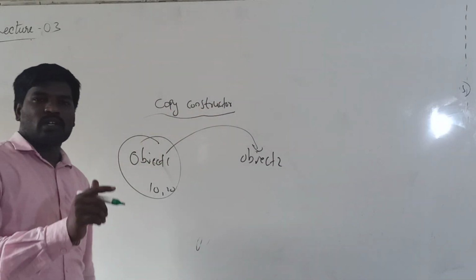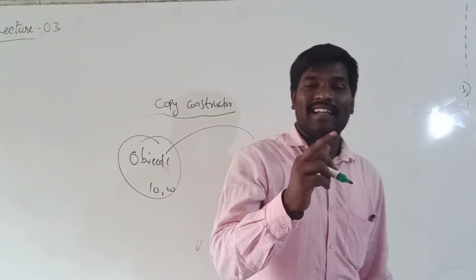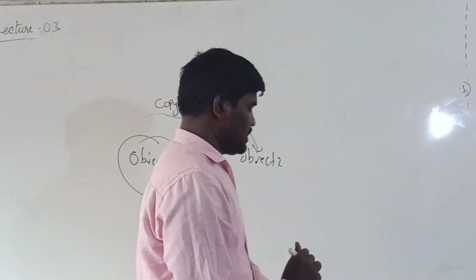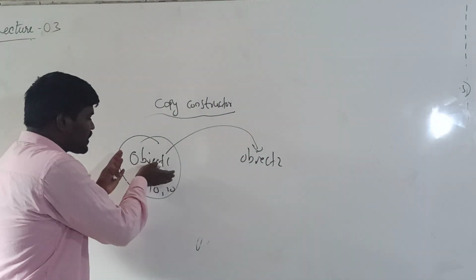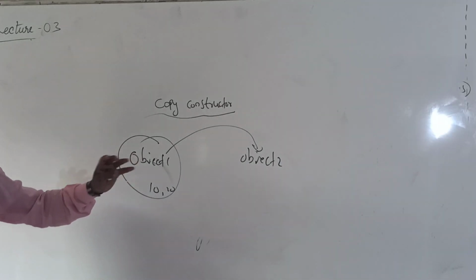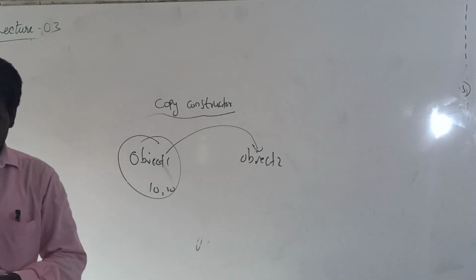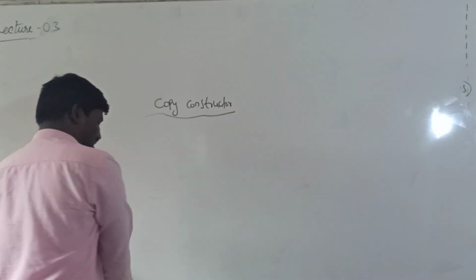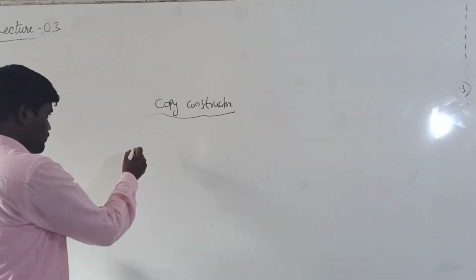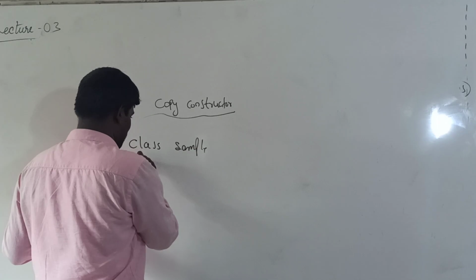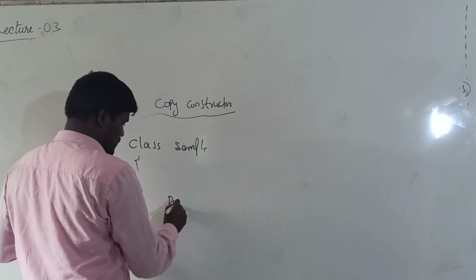Okay, first of all, copy constructor is a parameterized constructor. It is used to copy the values from one object to another object. First, we can consider the syntax. Class sample, in the public section.